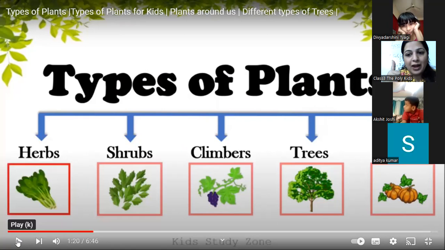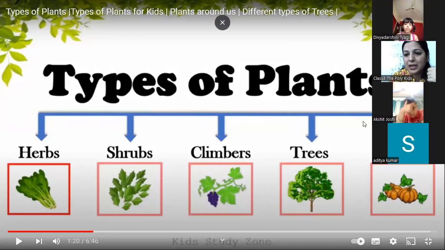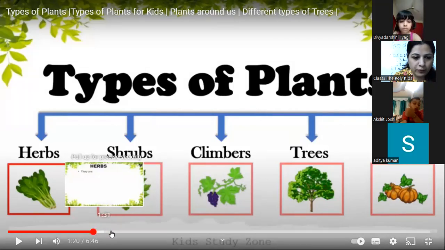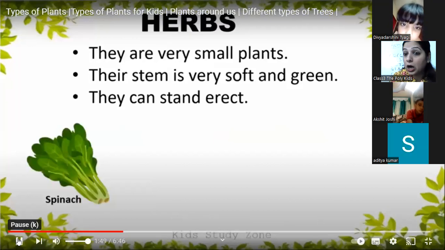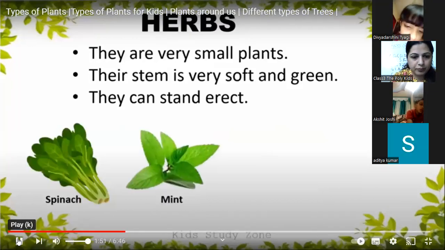I hope you have a fair idea about these 5 types. Just give me a thumbs up, yes or no? Great, very good. Then we can move further. Now we will be talking about herbs first. Mint.